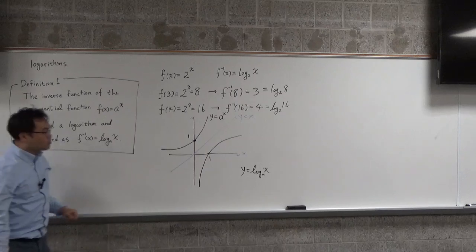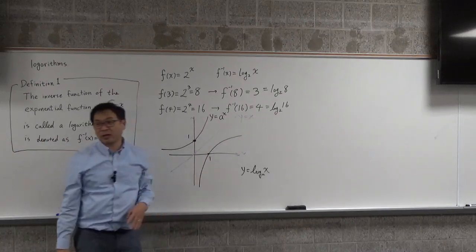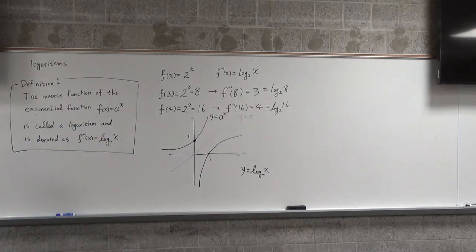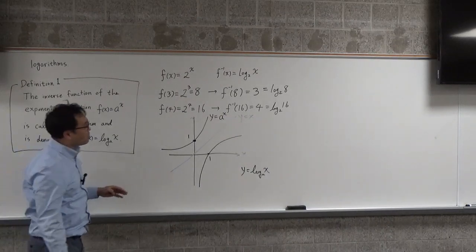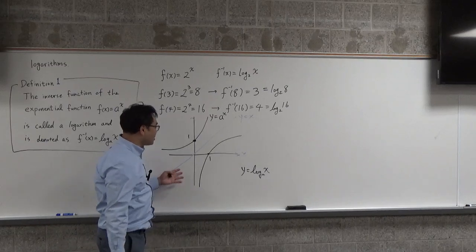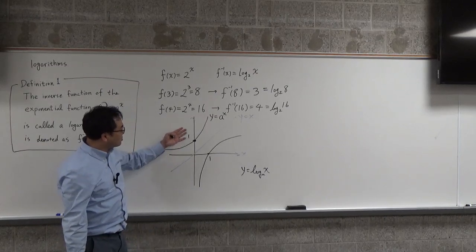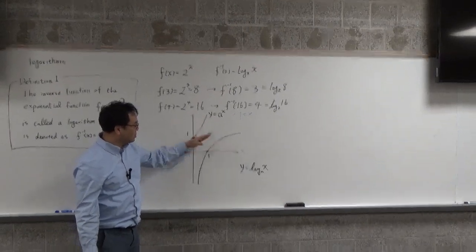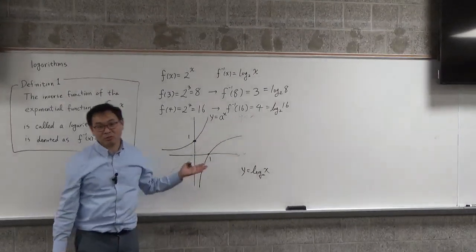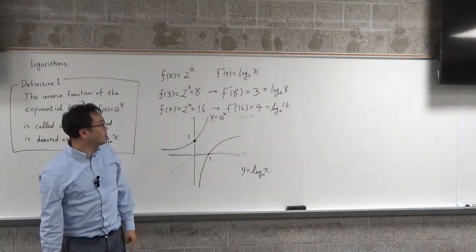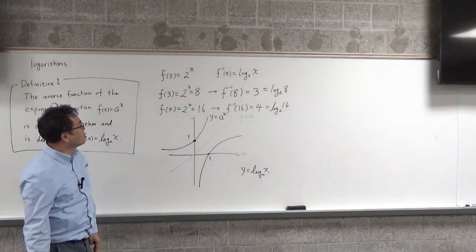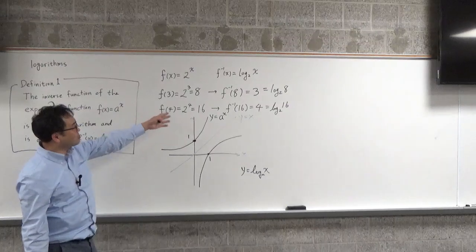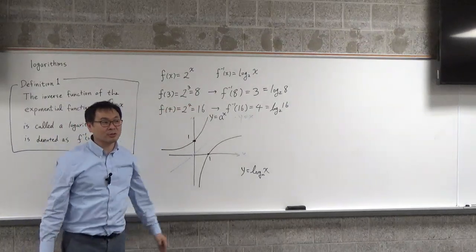So that's the graph of y equals log base a of x. So this first definition should give you some feel for what the log is. It tells you that since the graph of the inverse function is a reflection over y equals x, this should be the shape of the graph that we were talking about. This is the function, and we know some values by just inverting the known values, right?